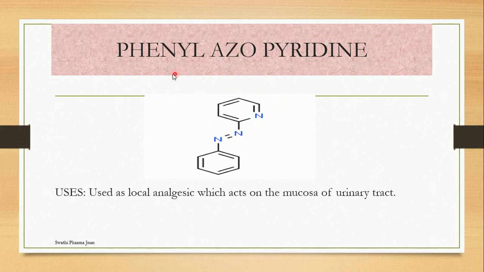That is the structure of phenazopyridine. It is used as a local analgesic which acts on the mucosa of the urinary tract. Local analgesic means it is used as a painkiller which acts on a particular localized area, on the mucosa of the urinary tract, so that it can give relief to the patient.